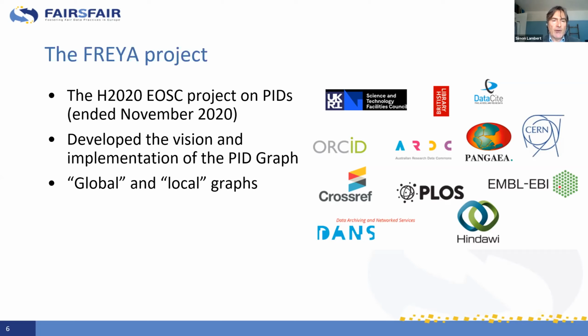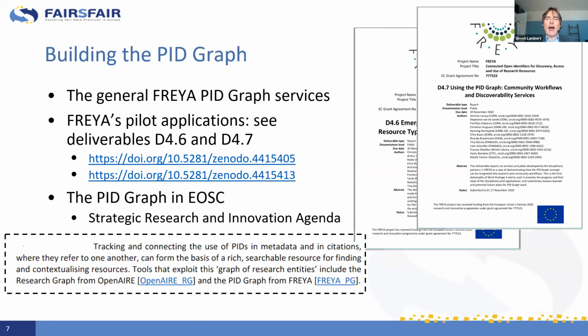But within FREYA, we also developed local PID graphs for our own particular pilot applications, which perform exactly the same function and operate in the same way and interface with the global PID graph, but tailored for particular pilot applications. And in fact, if you're interested in those applications, I can point you to these two deliverables from the FREYA project, which are our final reports on our pilot applications of the PID graph. But as I say, today you're going to hear from Martin Fenner about the general PID graph, the DataCite commons.